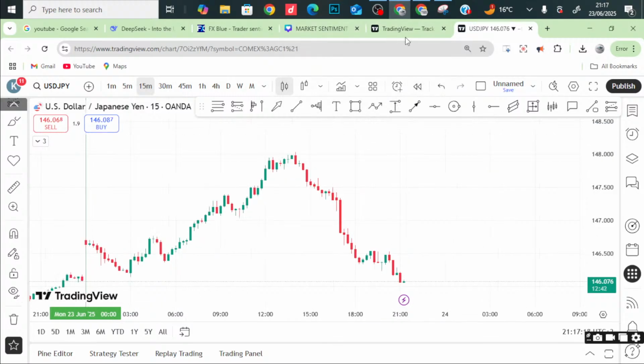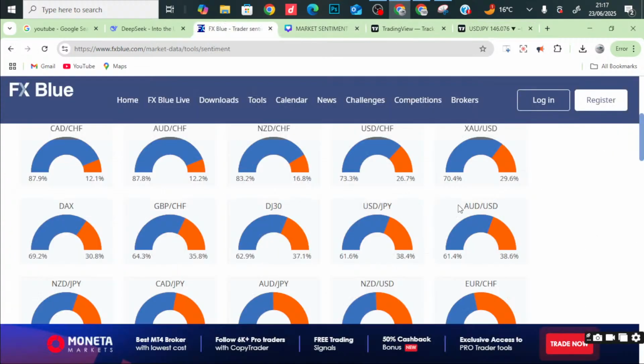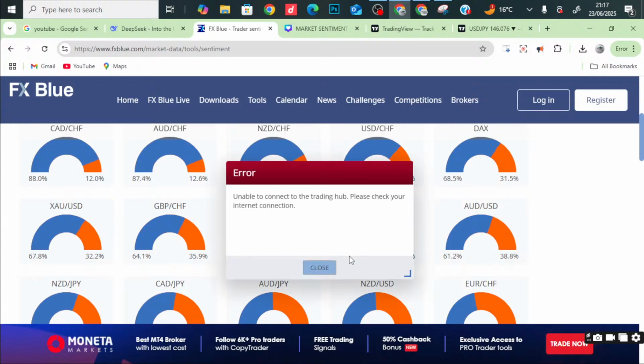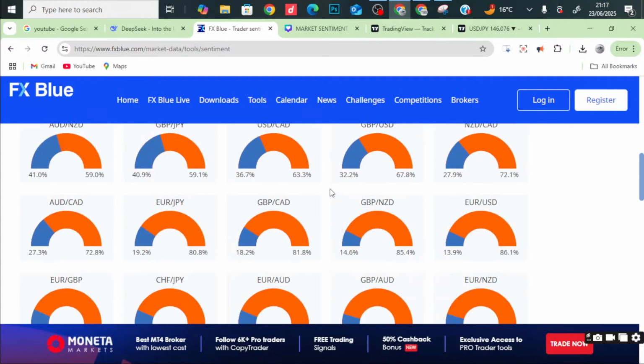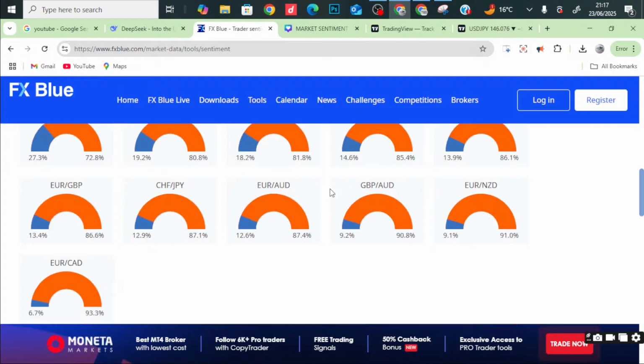And the market sentiment in terms of USD JPY was 60% and 35%.